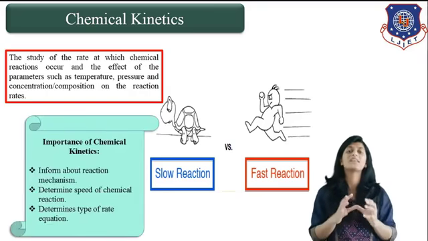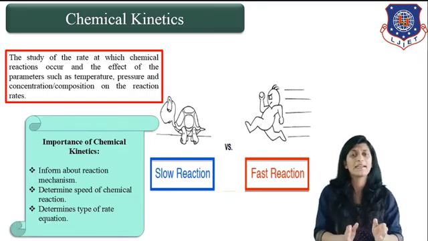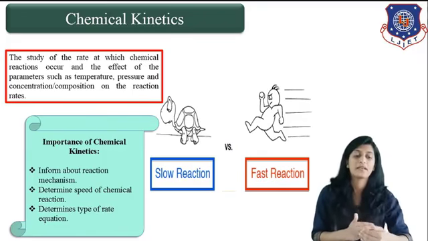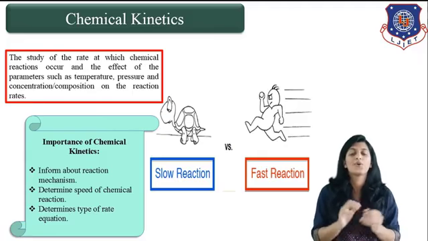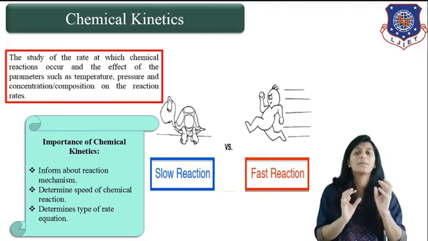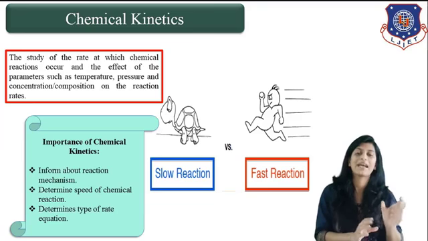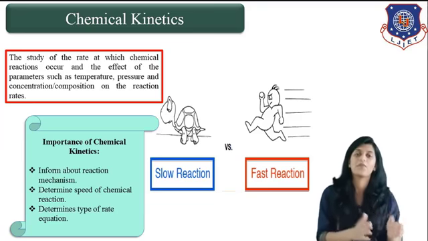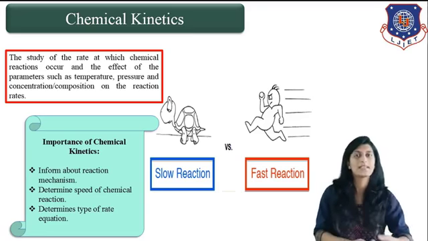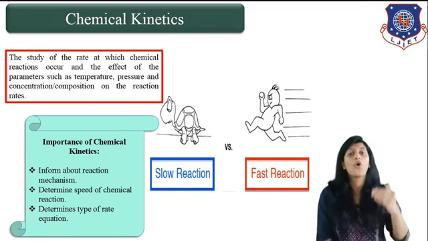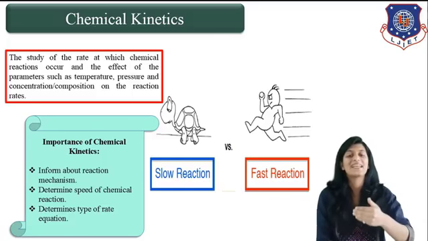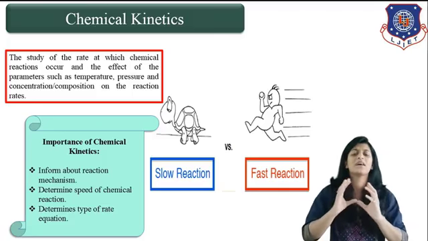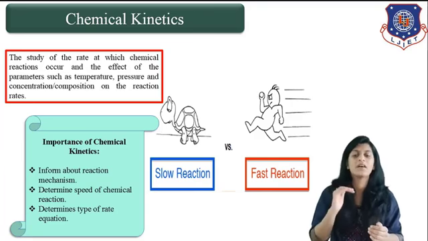Now, what is the importance of chemical kinetics in CRE? When we talk about the importance of chemical kinetics in CRE, the most important part is that it informs us of the reaction mechanism. Using chemical kinetics, we can easily know what the mechanism of a given reaction is, right?